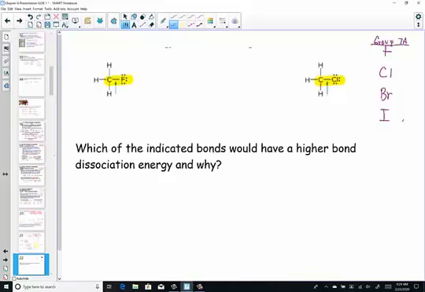And I remember saying that bond dissociation energy increases as you go up a column, that a carbon to fluorine bond is stronger than a carbon to chlorine bond. This is a stronger bond because fluorine is smaller, making it more electronegative.